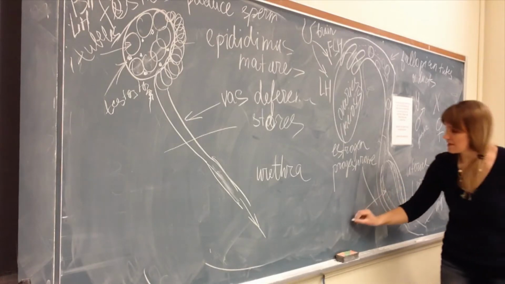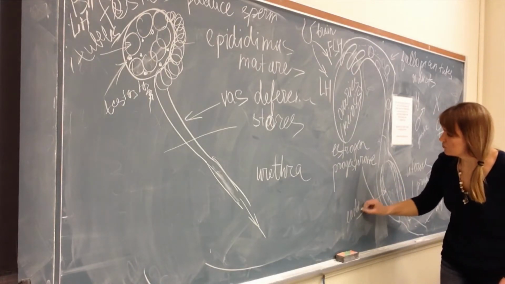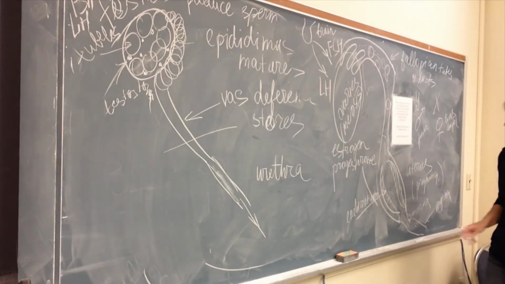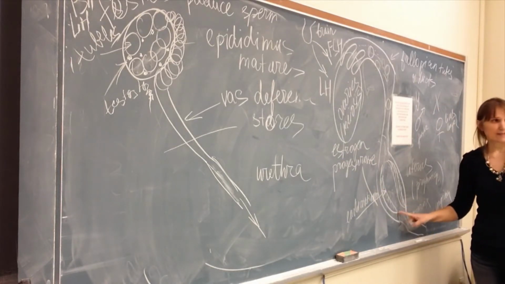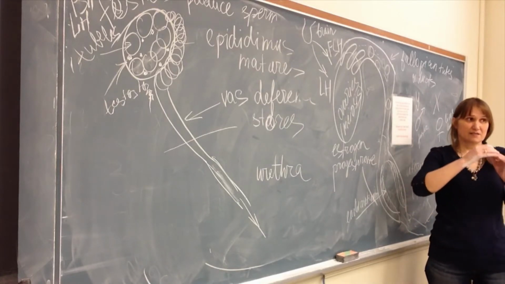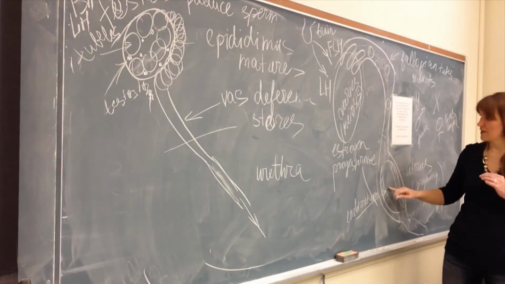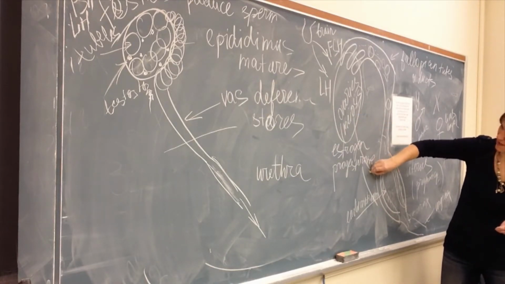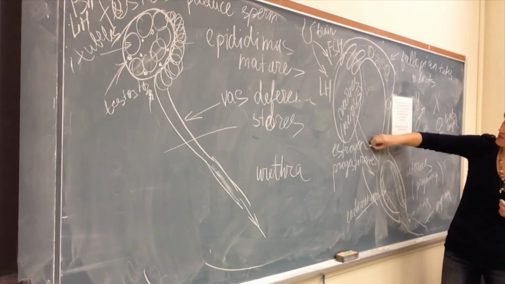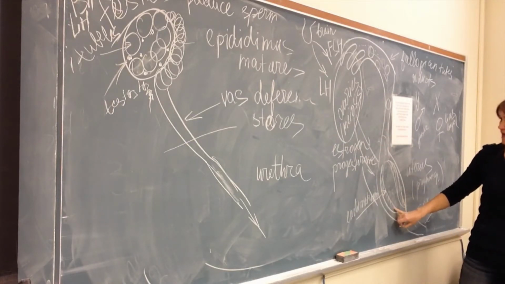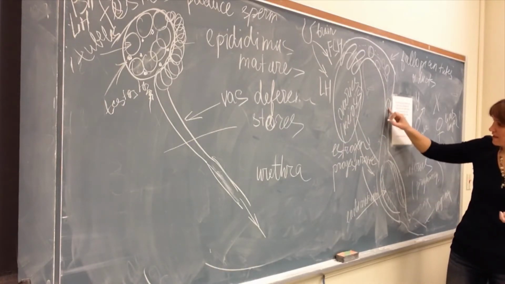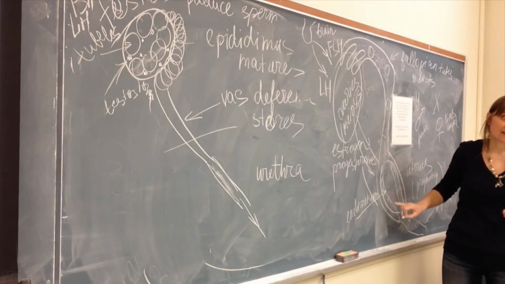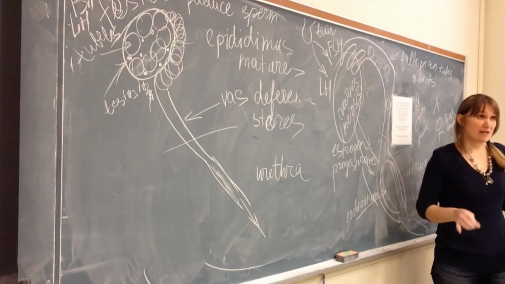Once a month, this lining, called the endometrium, grows in response to hormones that are released from the ovaries. And then, if the egg has not been fertilized, this lining has to be shed.